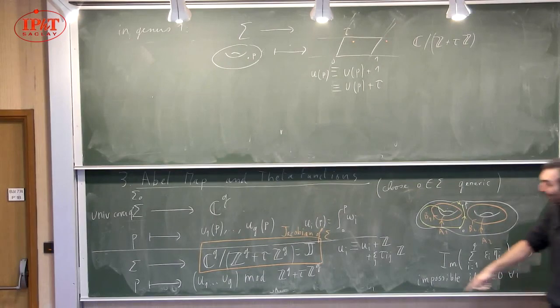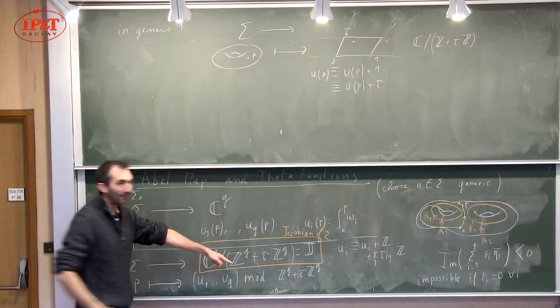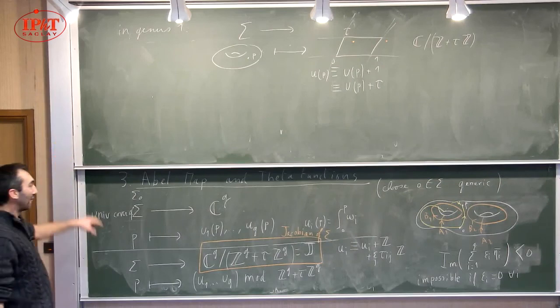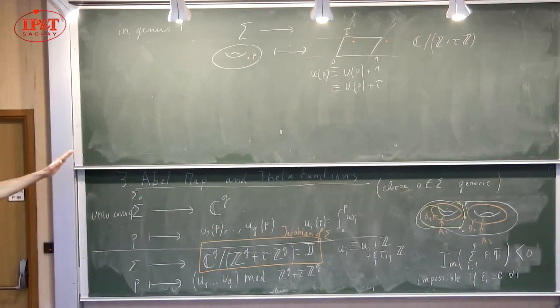This is a space of dimension 1 that is mapped into a space of dimension g, so you get a manifold of smaller dimension, and indeed, it is a kind of 4g-gon. Yes, it's difficult to visualize. For g equals 1, the two sides have the same dimension, and it's really a bijection. We shall see it later, but it's injective: no two points can be sent to the same point.